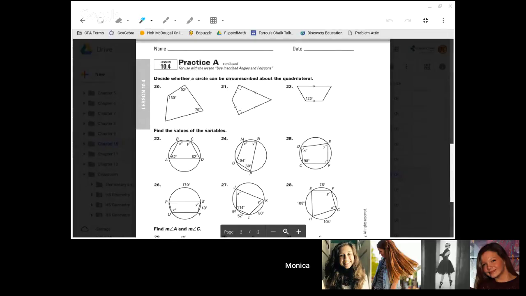Okay, so if we look at the diagram on 21, Charlotte Ann, what do we know about any of the angles on that shape? Do we know any measures for them? Okay, so what do those right angles equal?